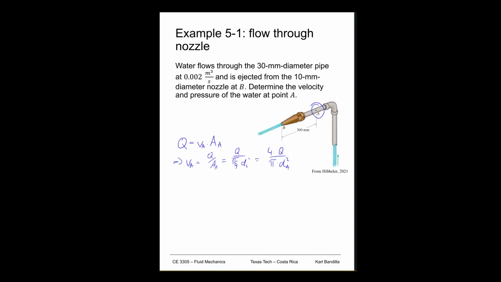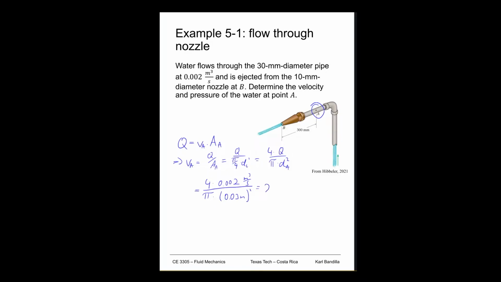Plug all those numbers in. See what we get. We get 4 times 0.002 meters cubed per second divided by pi, and then our diameter there is 30 millimeters, so that is 0.03 meters, and all that has to be squared.